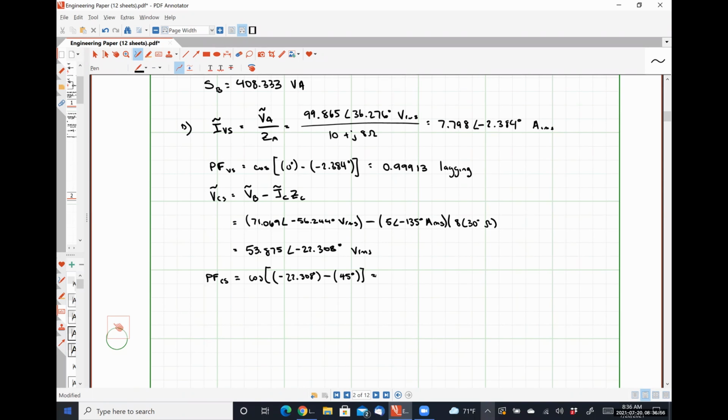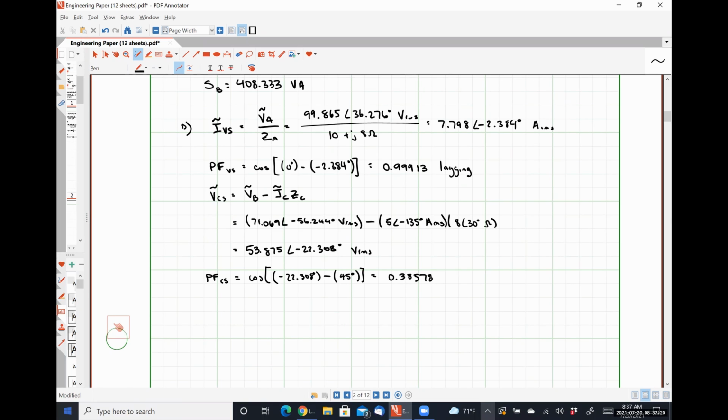So cosine of negative 22.308 minus 45, which is 0.385778.